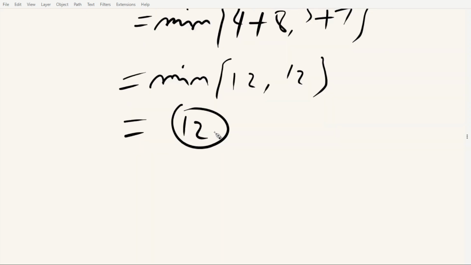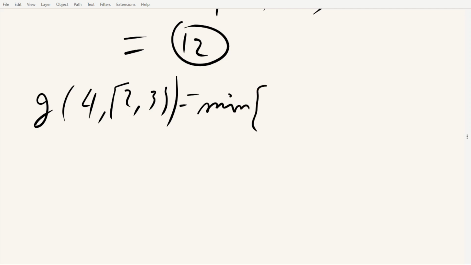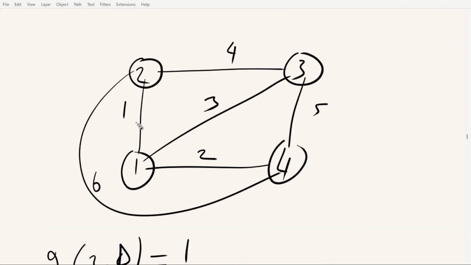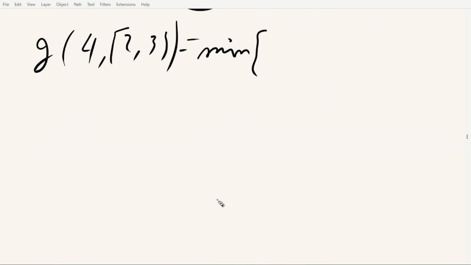Now the last subproblem is G4,{2,3}. This is minimize. So first possibility is 4 to 2 move. So 4 to 2 cost is 6. 6 plus G. We move to 2. Remaining element is 3. Next possibility is 4 to 3 move.